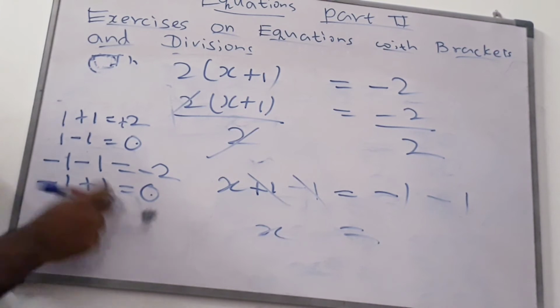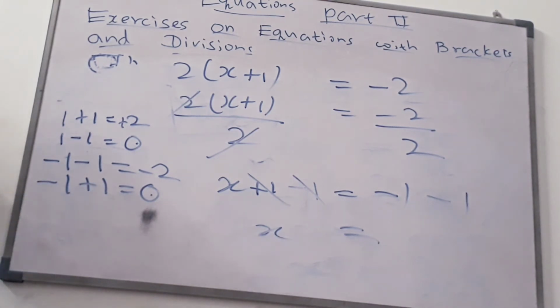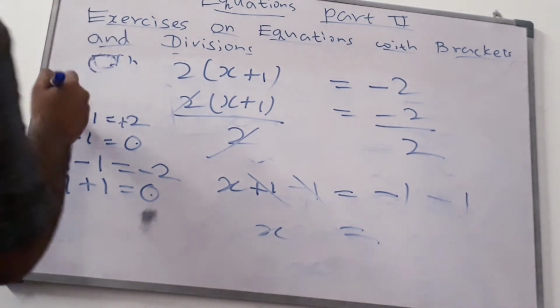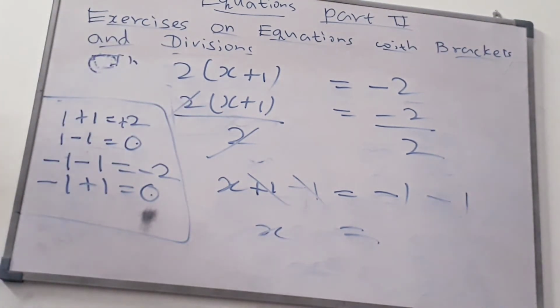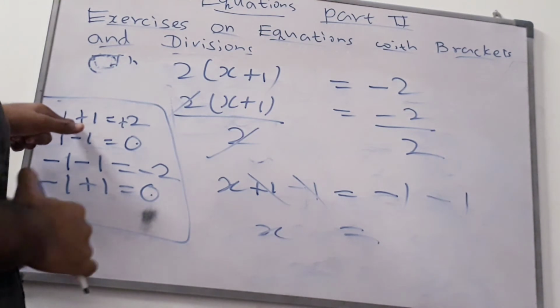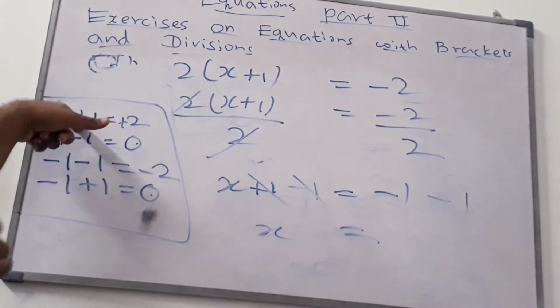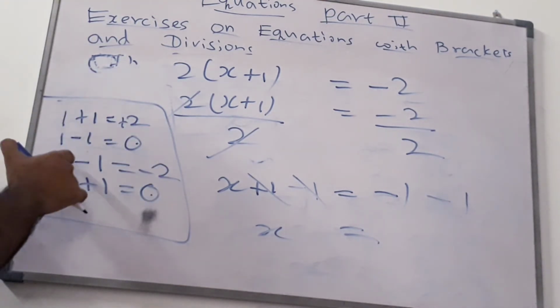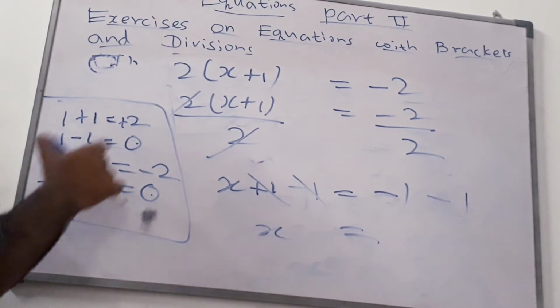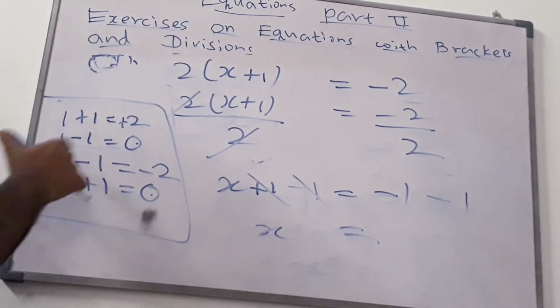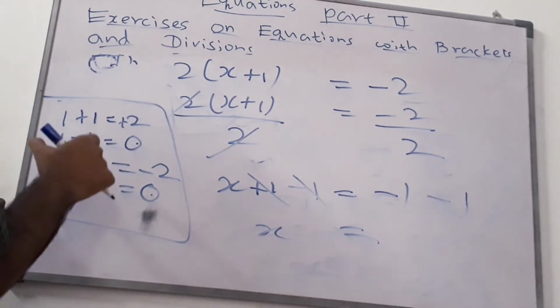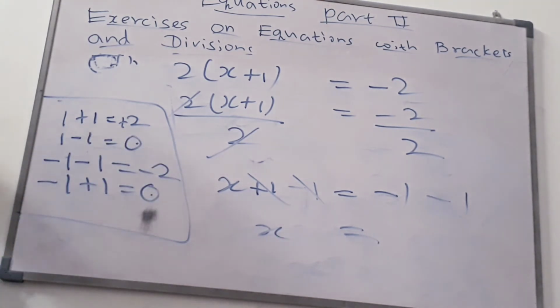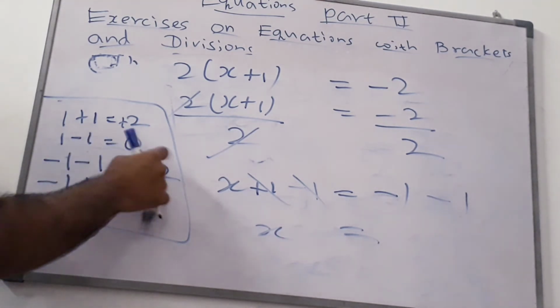Different signs means the difference. Same sign means the sum. Keep it in mind. Okay, when it comes to addition and subtraction, same sign means the sum. Here 1 and 1 is 2, minus means minus, so this is the sum. 2 minus 1, or in other words, minus 2.